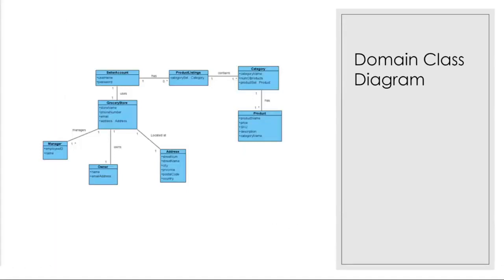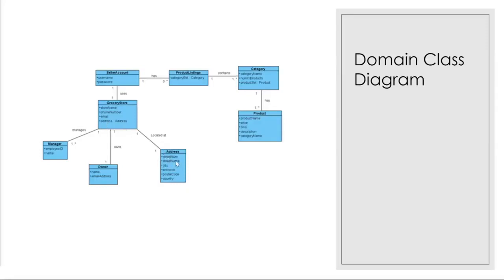And then the domain class diagram. What we're focusing on here is the left side of the diagram. So the grocery store will be linked to only one seller account, and the seller account will be linked to only one grocery store. The grocery store will have attributes for the store name, the phone number, email, and then address of type address, which is right here.